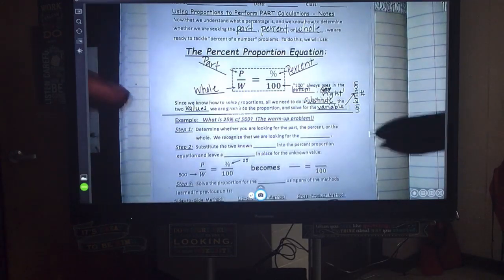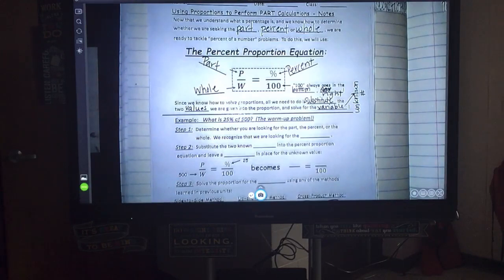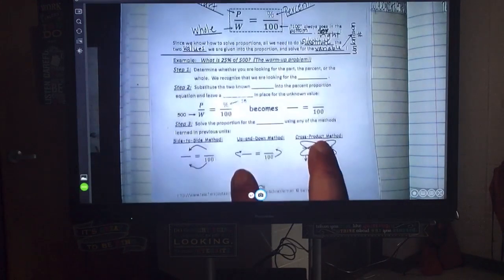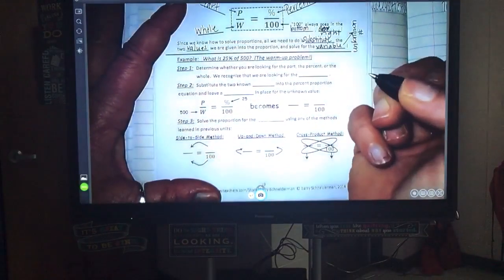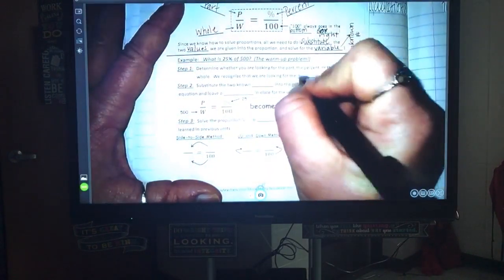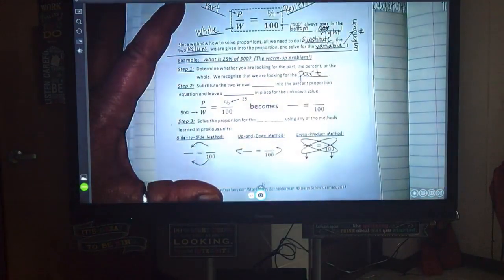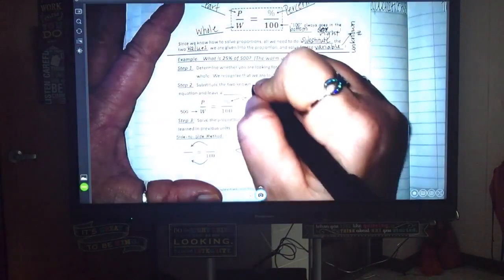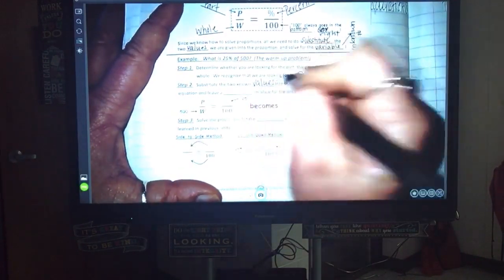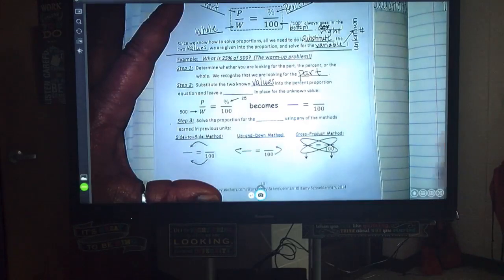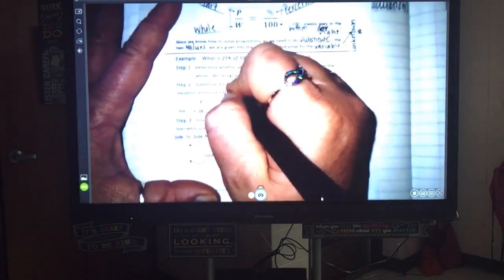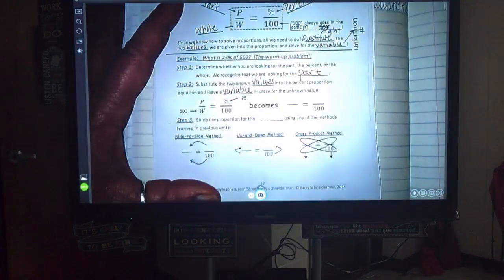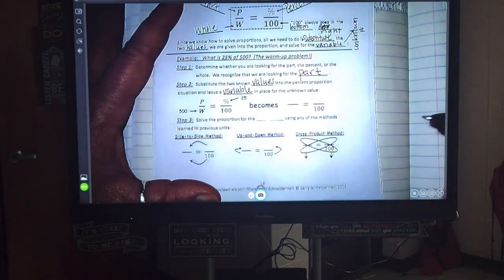Alright, so we are using the example from the warm-up problem today. What is 25% of 100? Determine whether you're looking for the part, the percent, or the whole. We recognize that we are looking for the part. Substitute the two known values into the percent proportion equation and leave a variable in place for the unknown value.